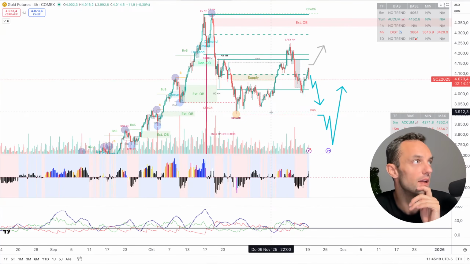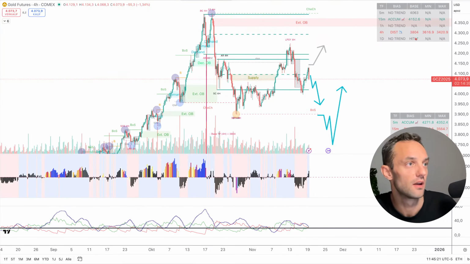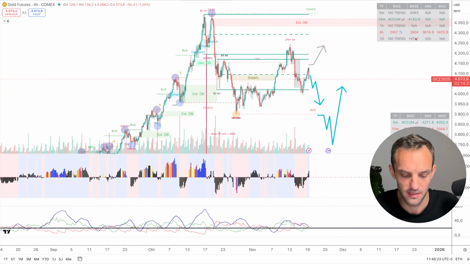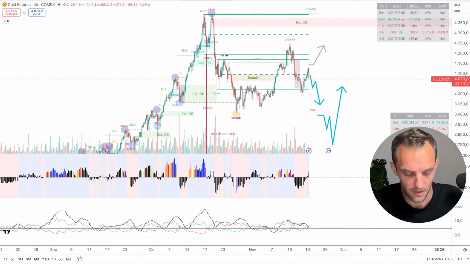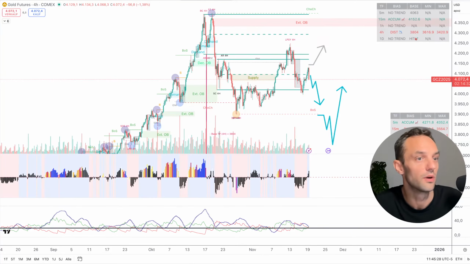Good. So if you like, we can do some 15-minute scalping setup. Let's see if you want to do it.